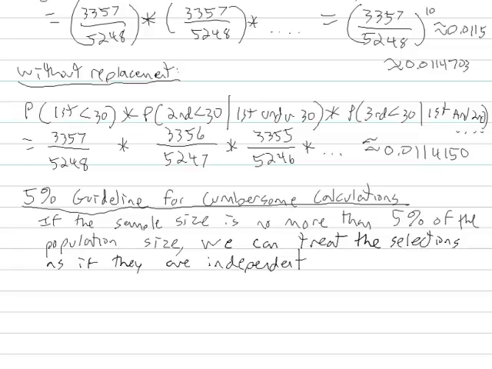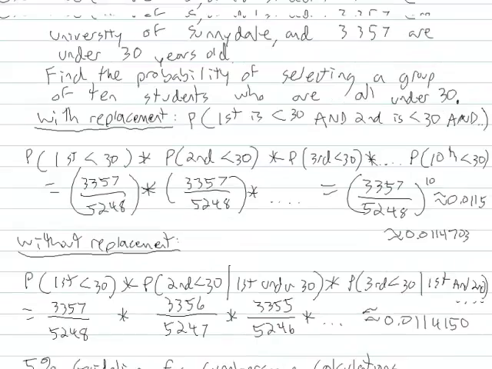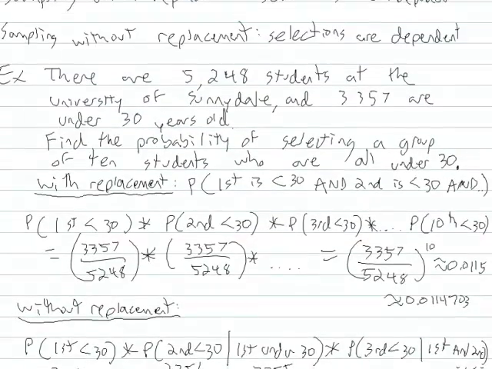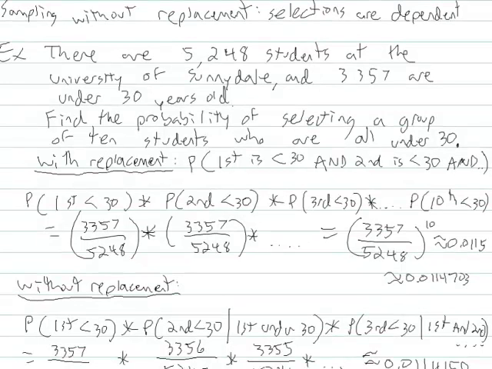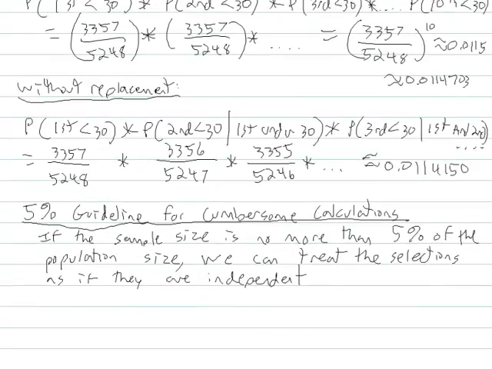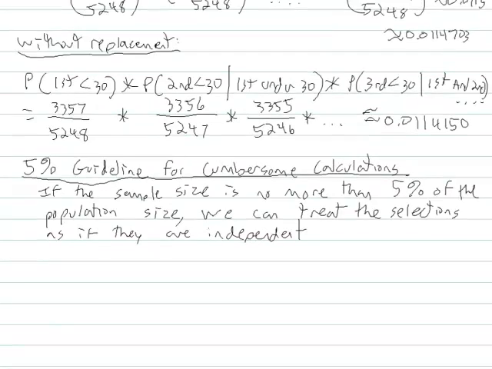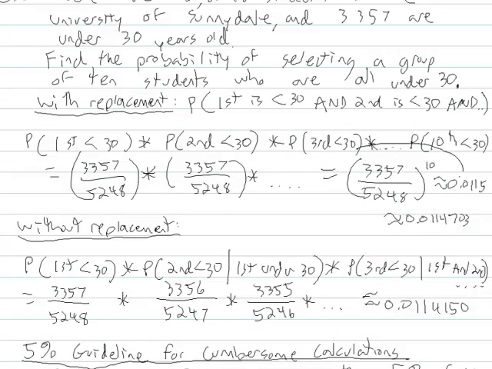Well, in this last example, the sample size was 10. We were selecting a group of 10 students, and 10 is definitely less than 5% of 5,248. And so by the 5% guideline for cumbersome calculations, we're allowed to do this much simpler calculation than this much more complicated one.